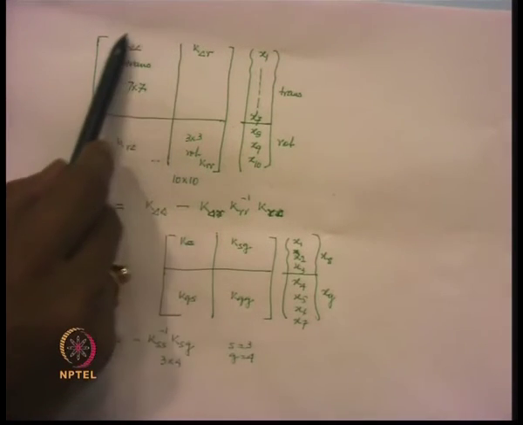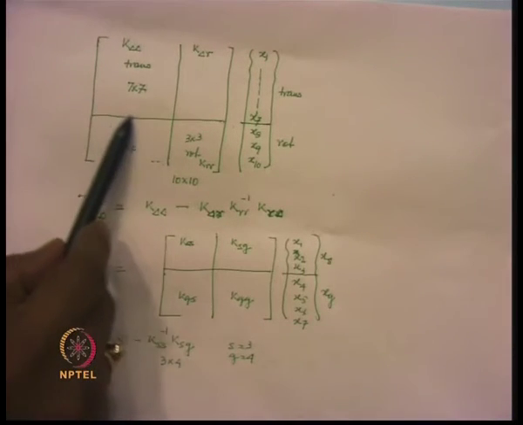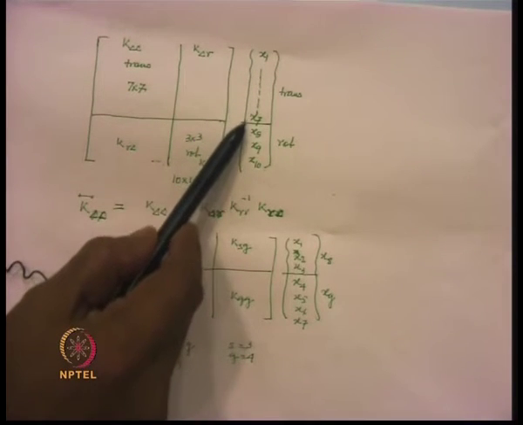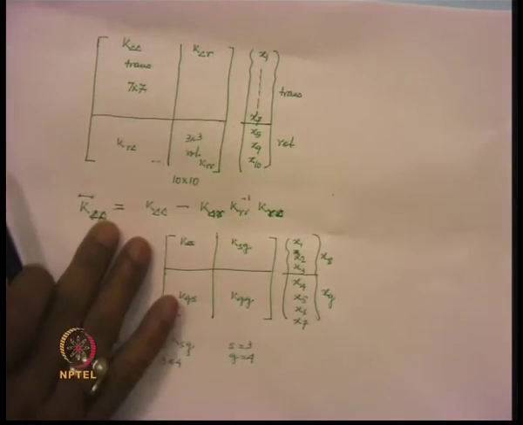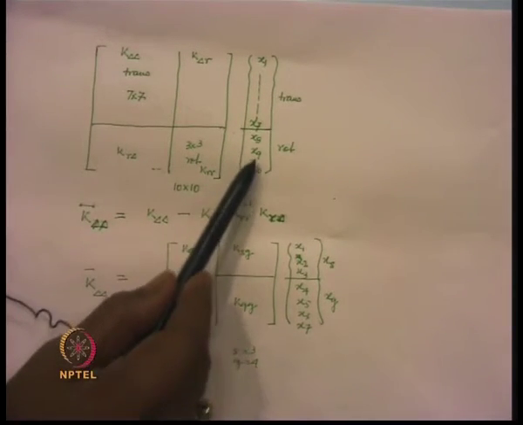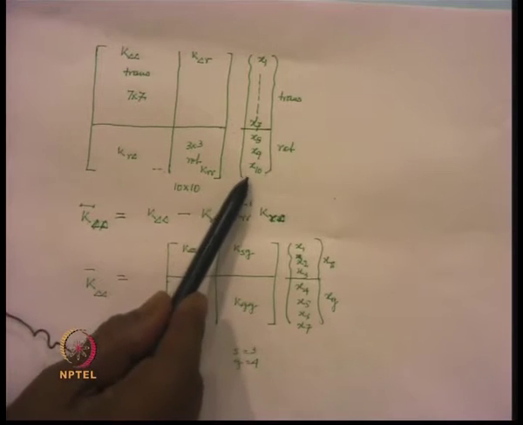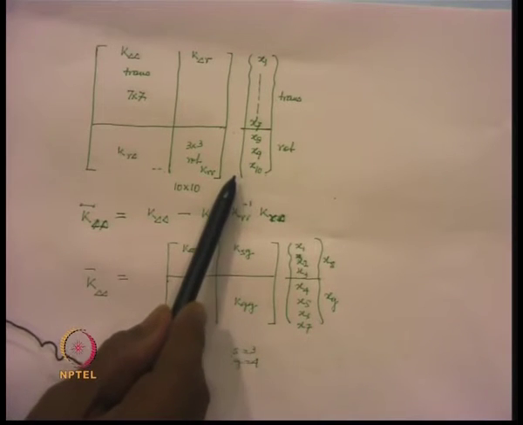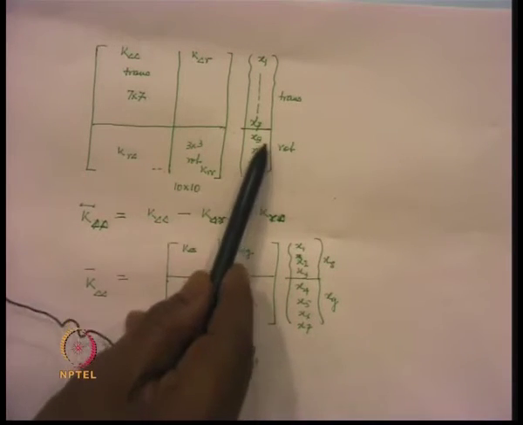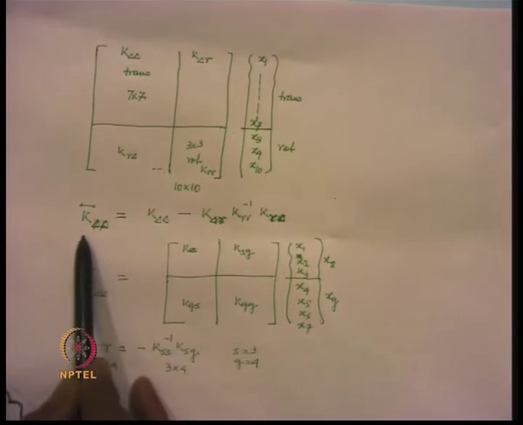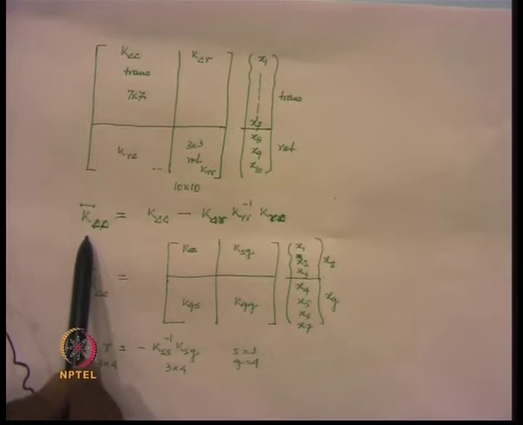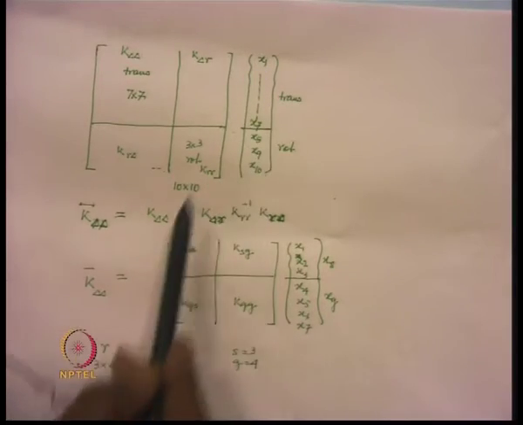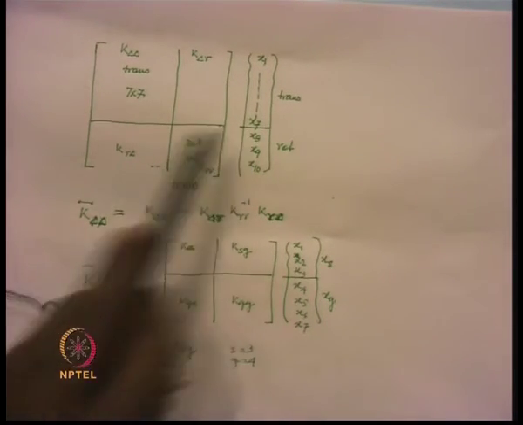Out of that, the 7 by 7 stiffness matrix corresponding to the 7 translational degrees of freedom is grouped at the top, and the 3 rotational degrees of freedom are grouped at the lower part of this vector. Then we do this matrix condensation using this relationship and condense the entire stiffness matrix to the translational degrees of freedom x 1 to x 7.